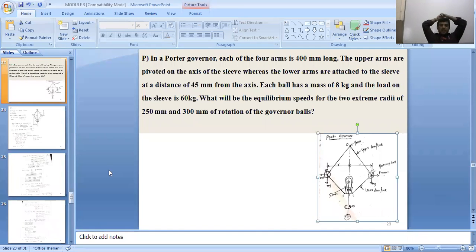Your internet connection is unstable. Yes, my voice is audible. Yes, please respond me. Yes, sir. Audible, sir. Audible. After this over, you have read the question once or twice. You have taken the sketch, and also you have written the given data and unit conversion.